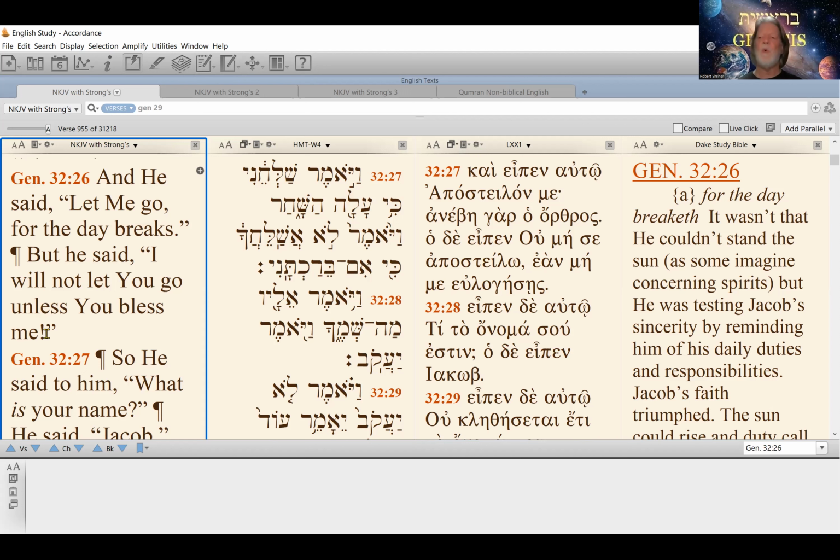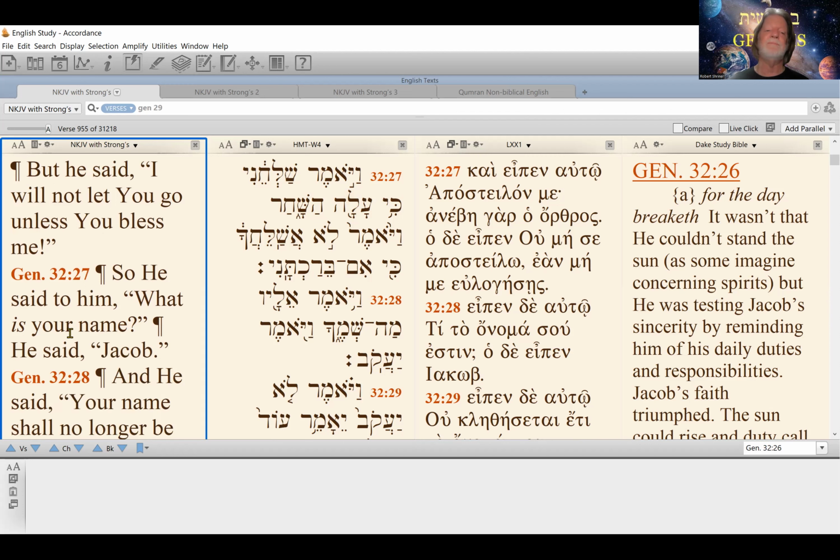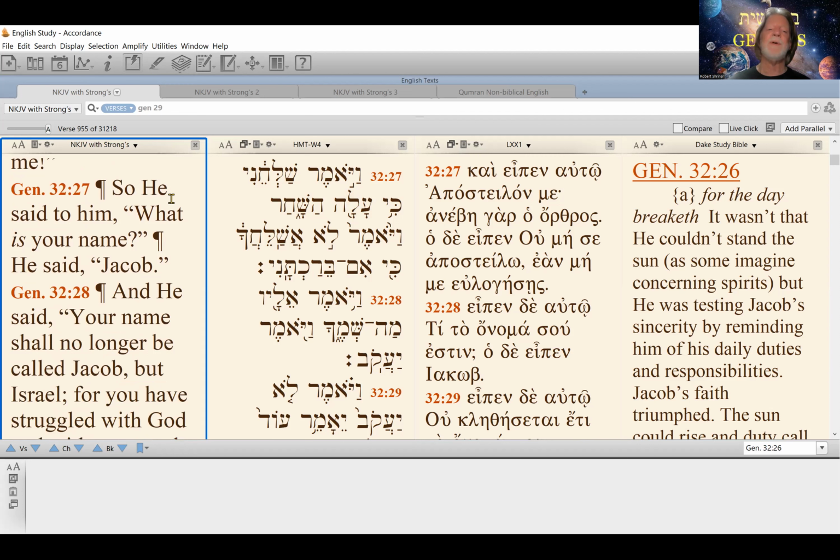So why would Yaakov want to be blessed by an ordinary man who's a nuisance to him, who's wrestling with him, when he's got a lot on his mind? I think Yaakov suspects that these pronouns with a capital letter are correct, that he's wrestling with God. So he with a capital H said to him, "What is your name?"